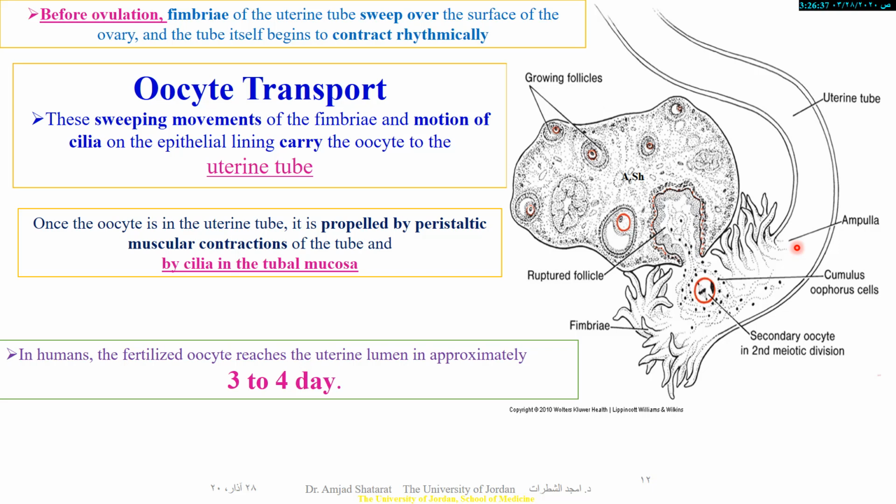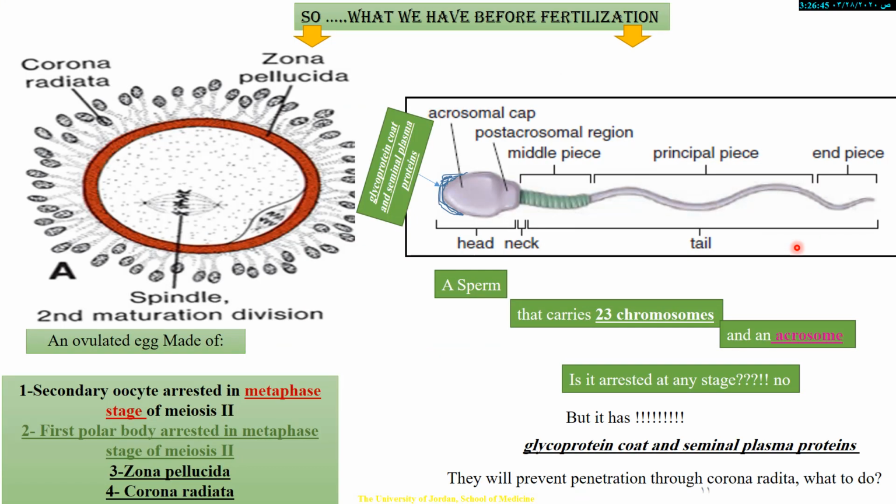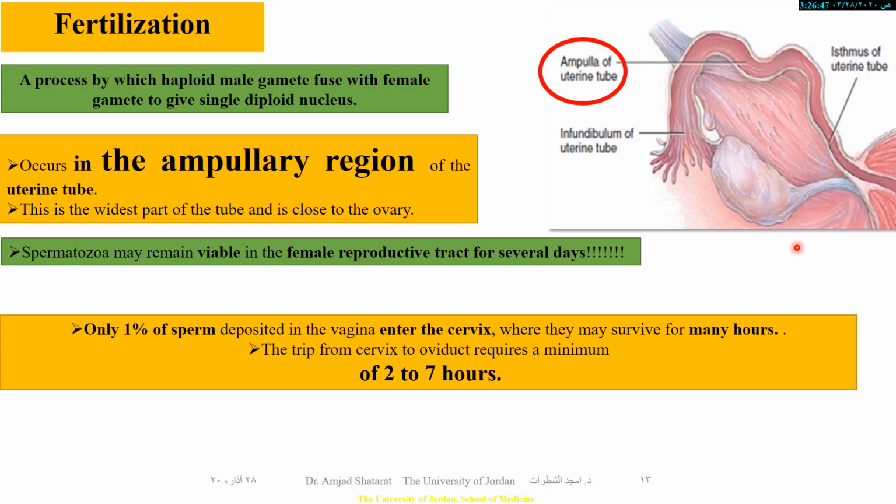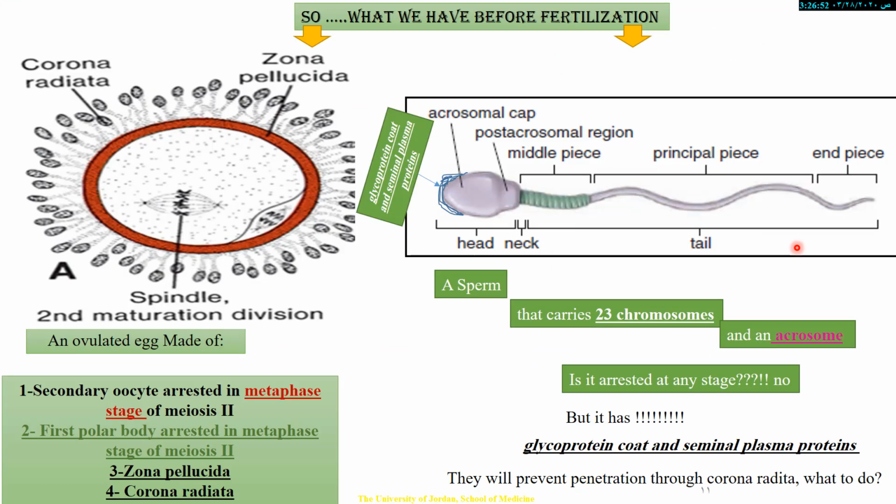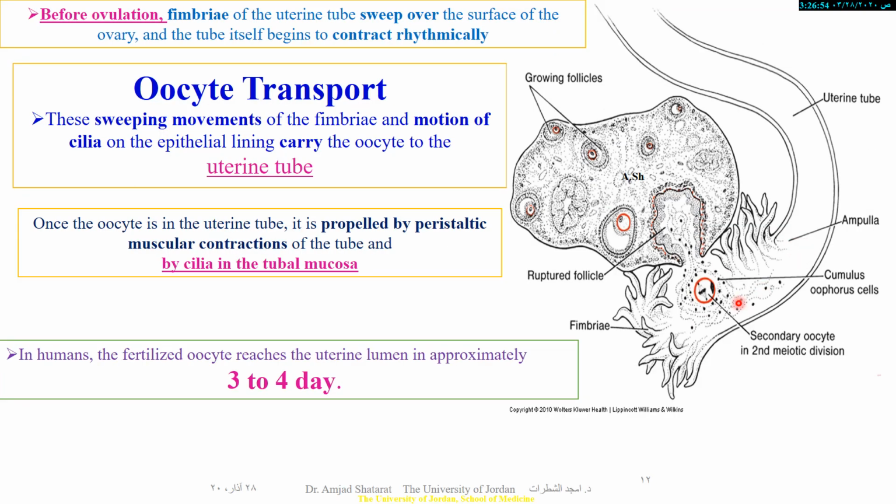Now, in humans, the fertilized oocyte reaches the uterine lumen in approximately 3 to 4 days after fertilization, but we need to talk about this in a moment.